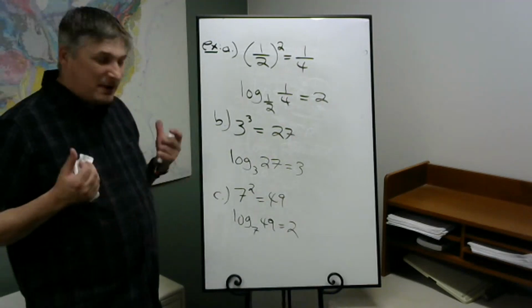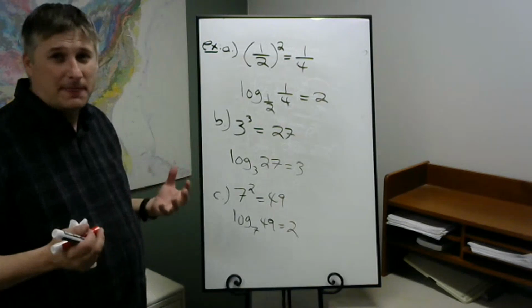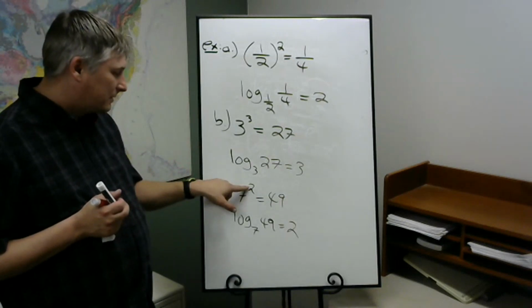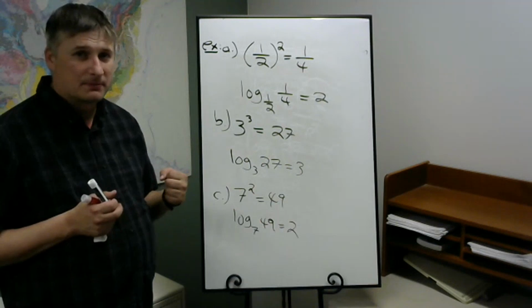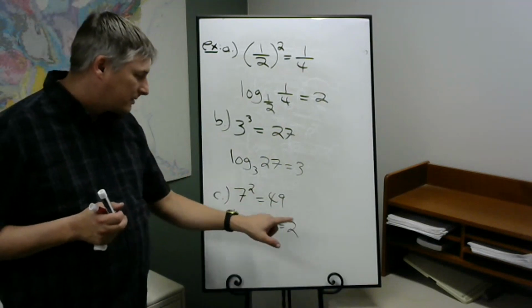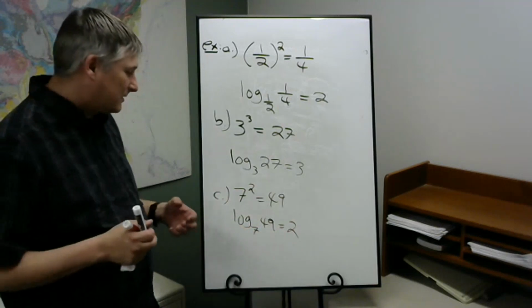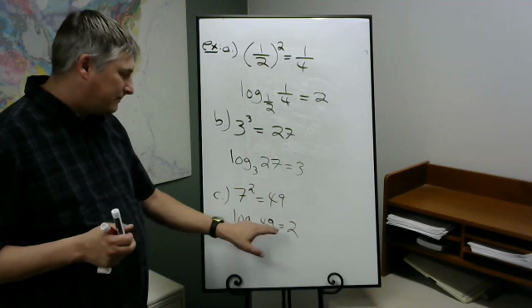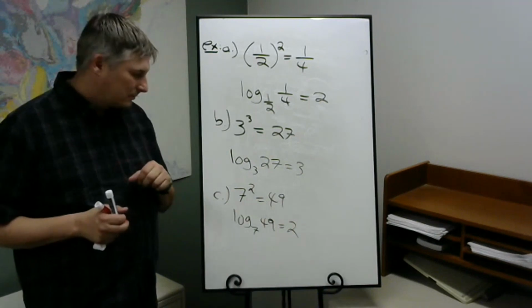Now, you might be noticing something here. If we take a look, the power goes into the exponent, and then a number comes out. But then if we take that number and we put it into the logarithm, the power comes out. So the input, the output, and then the output, the input.